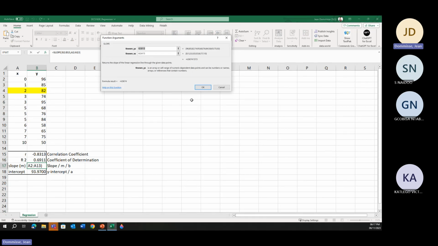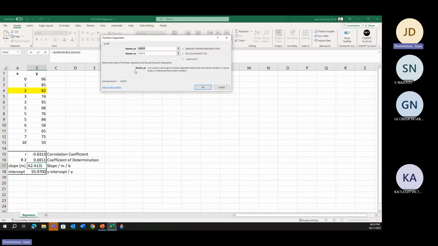So again, I need to make it very clear, because I don't want you guys to make a mistake on this. When we use the calculator to put in the data, we always put in X and Y. So always X first, Y second.